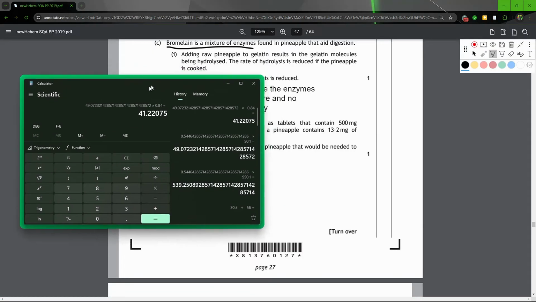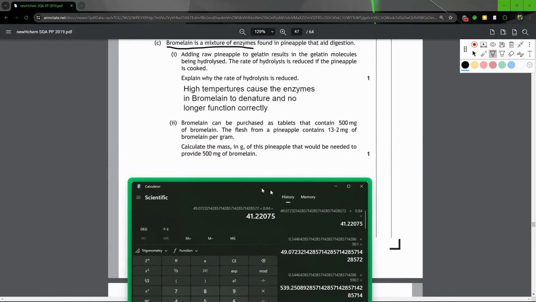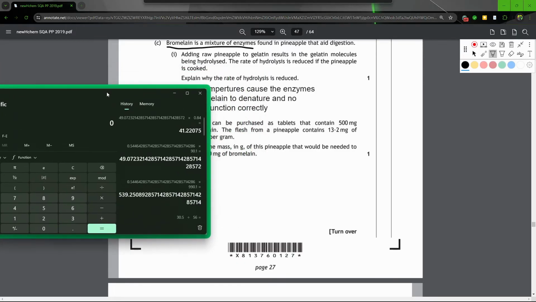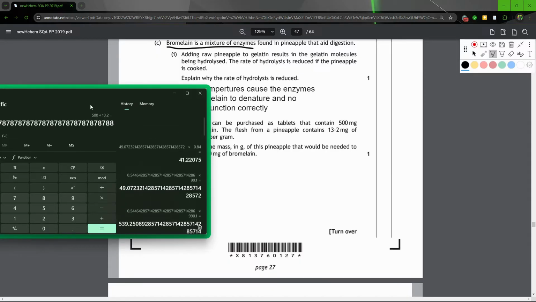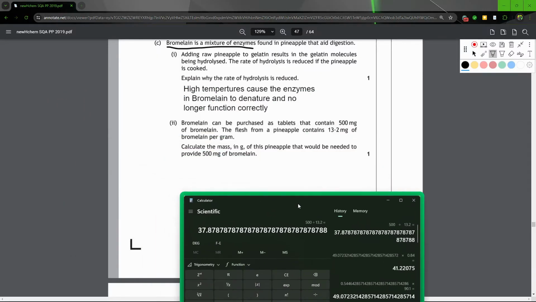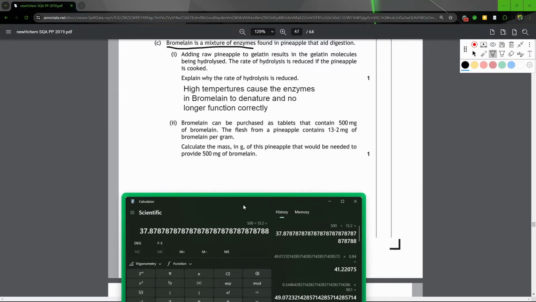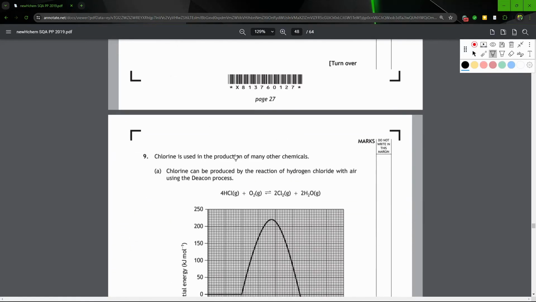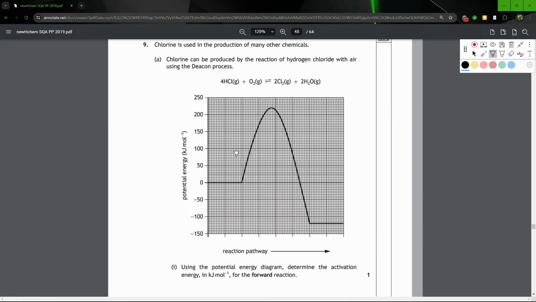Let's see how many grams we need. There's only one marker, so we can just do it all in our heads. So that's 500 milligrams. Each gram contains 13.2, which means we need 37.8 grams of pineapple. 37.9, I suppose. On to number 9.